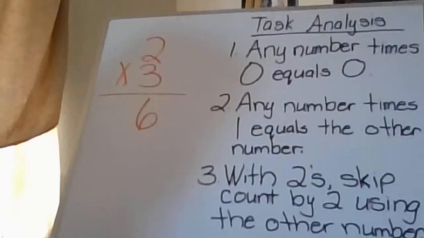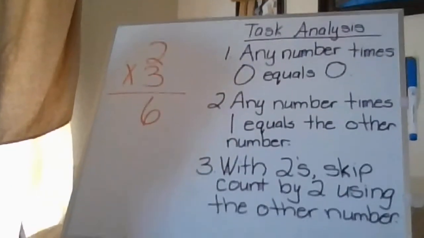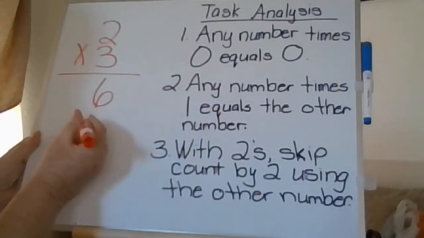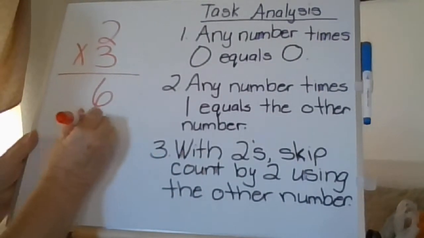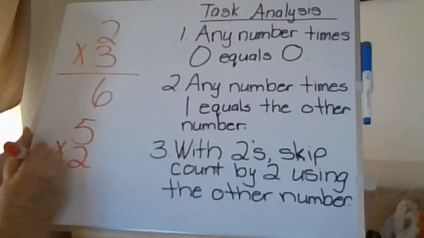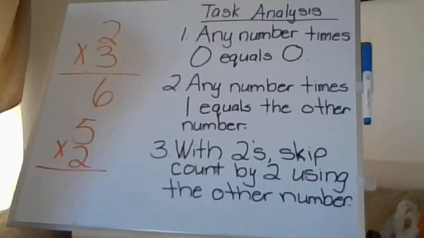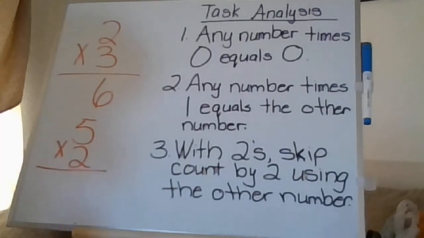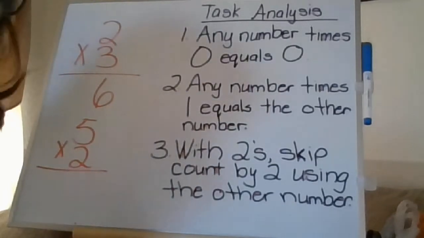What if I had 5 times 2? Do I have a 2 in the problem? Yes, I do. So I'm going to skip count by 2s. What's the other number? 5.